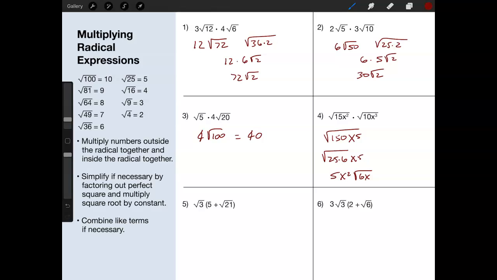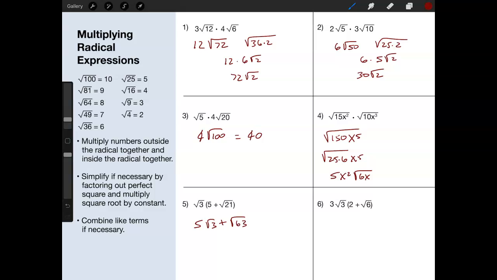For example number 5, we have the square root of 3 multiplied by 5 plus the square root of 21. We need to use the distributive property in this case. We're going to distribute the square root of 3. We have 5 radical 3 plus the square root of 21 times 3, which is 63.